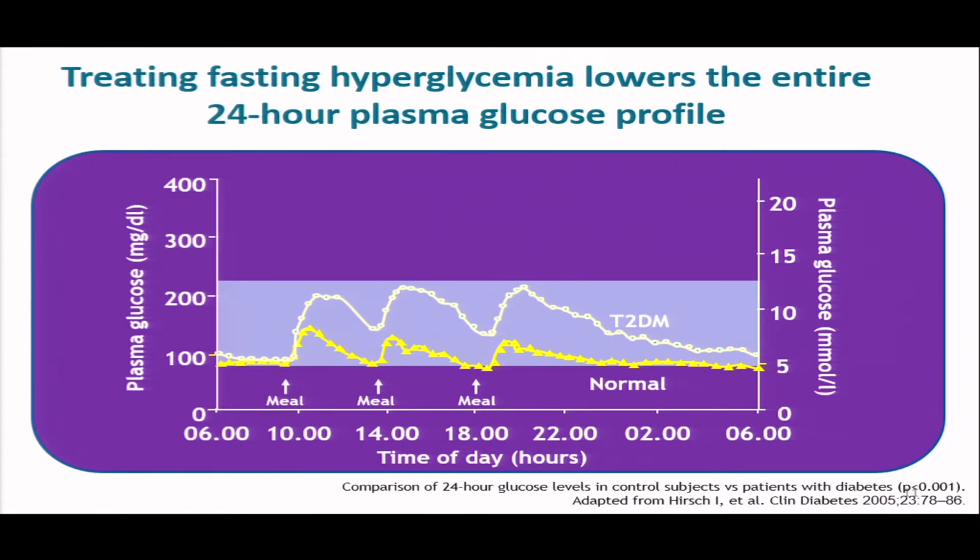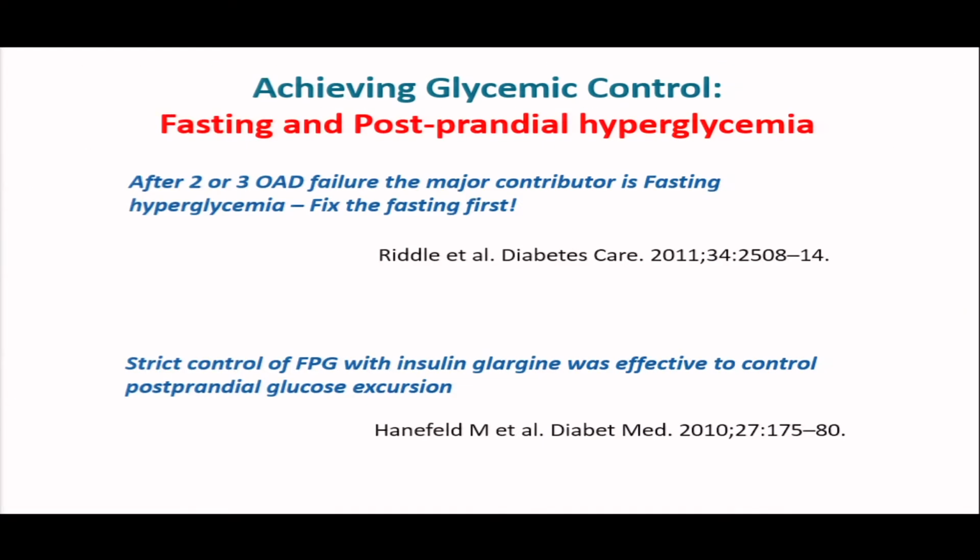That is the indirect effect of basal insulin, which helps support the beta cells in their continued ability to make endogenous insulin.